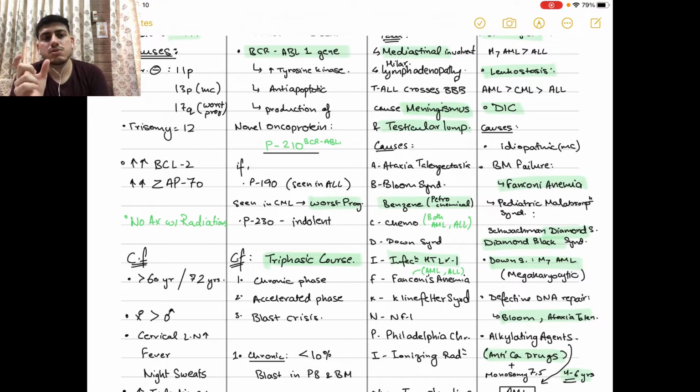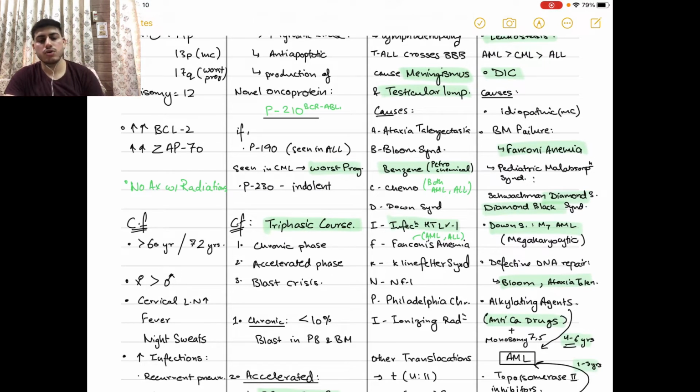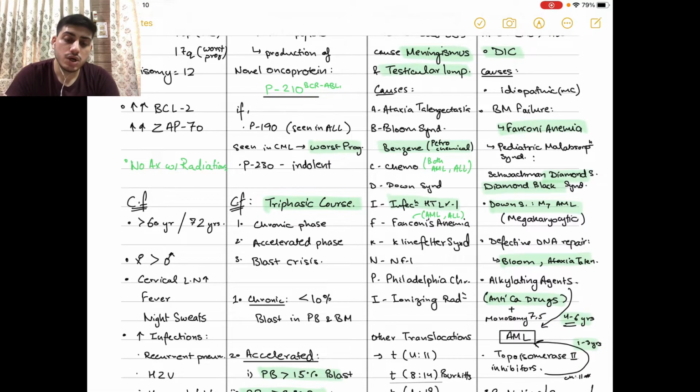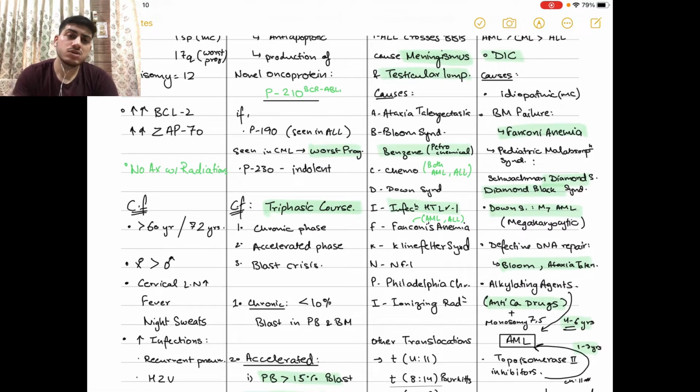So it is responsible for anti-apoptotic features, and along with that it can also stimulate growth. This novel oncoprotein is called P210 BCR-ABL. Now why 210? 210 is the size of that protein, which is 210 kilodalton.